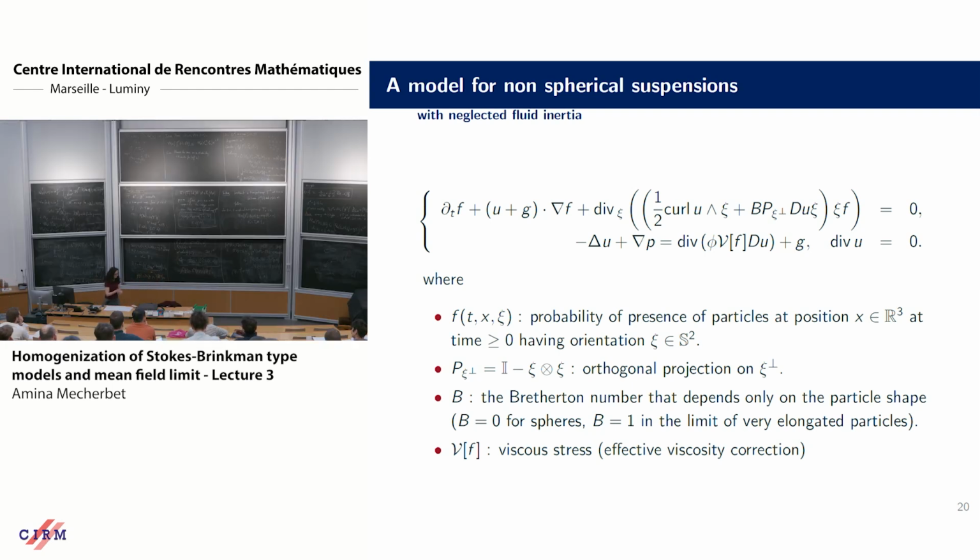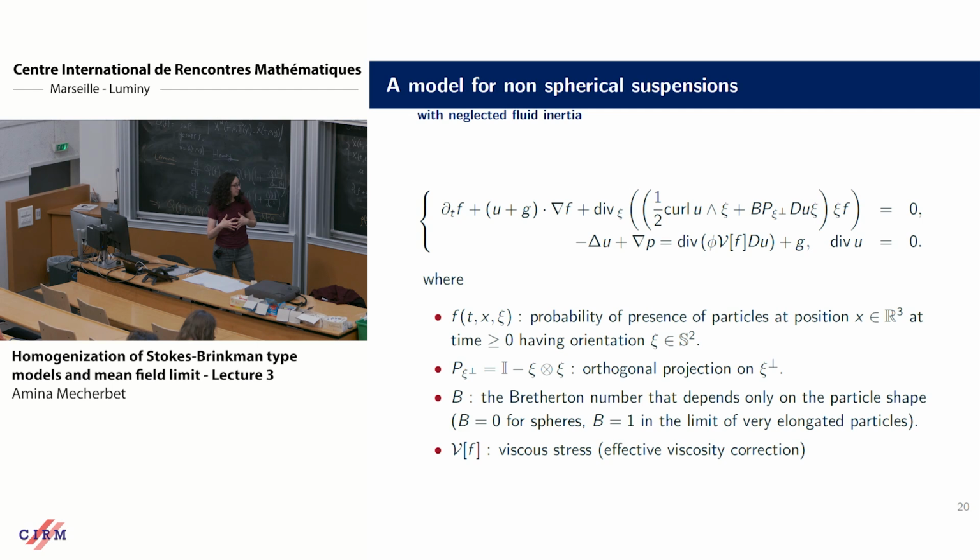For instance, there is a paper by Mitya-Duerinx, which derives such a model under some assumptions on the regime of the particles. There is also another story, but unfortunately I will not talk about it. Actually, we know that the convergence to such a system does not hold in a mean-field limit.